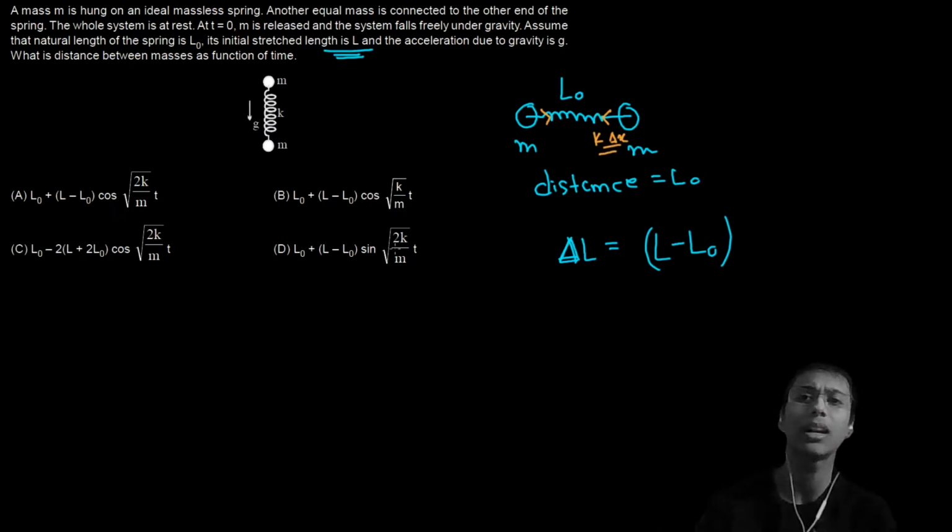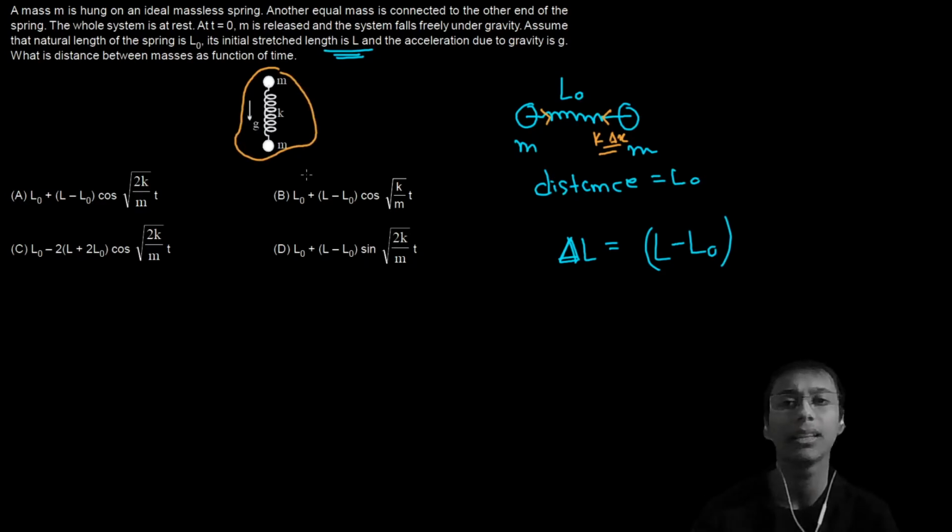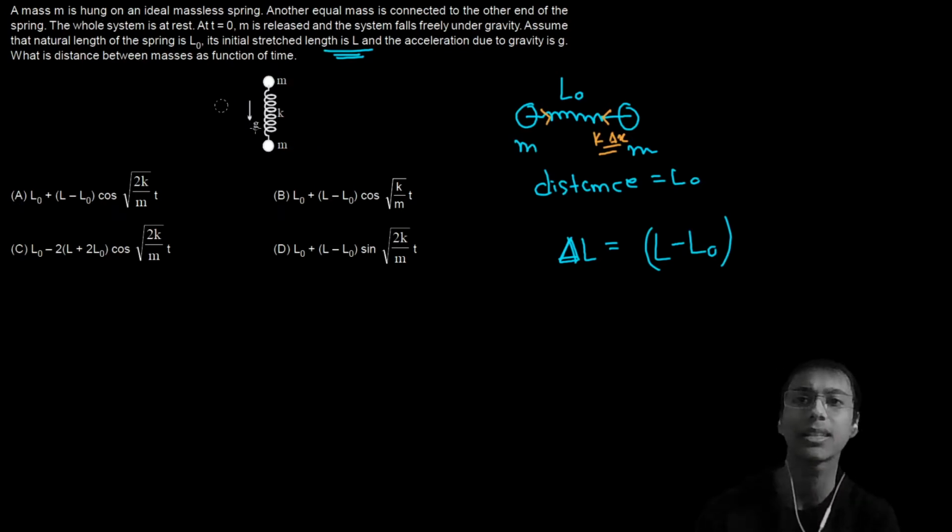Now how can we understand such a complicated thing? First of all, SHM is happening, and then the entire system is falling. So rather than panicking about the problem, let us approach it in an object-oriented way.